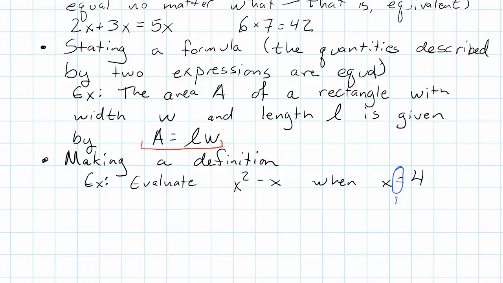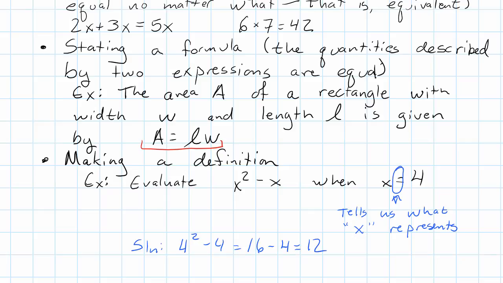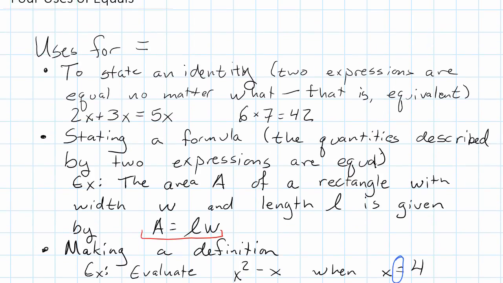This equals sign tells us what the symbol x represents. In a different problem, we might make a different definition, but as long as we're working in this same problem, everywhere we see an x, it stands in for the number 4. So when we go to evaluate this, we replace every occurrence of x with 4, and we get the number 12.